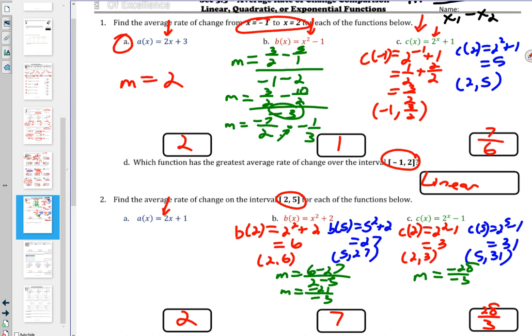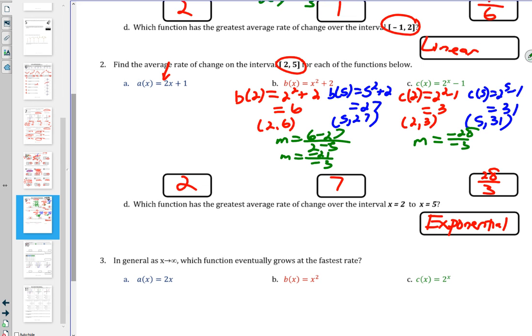Like you see, the asymptote. Both of these y values, 3 over 2 and 5, are pretty close to the asymptote, and that's when everything kind of compresses on an exponential. But now that I got further away from the asymptote, that's when the exponential function really starts to shoot up, and there's a bigger rate of change.